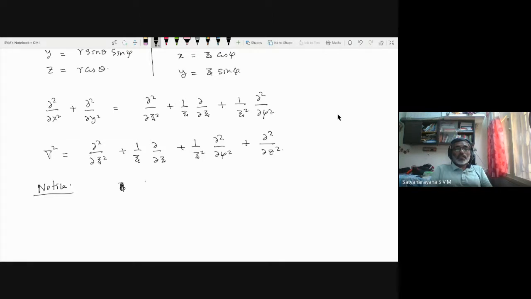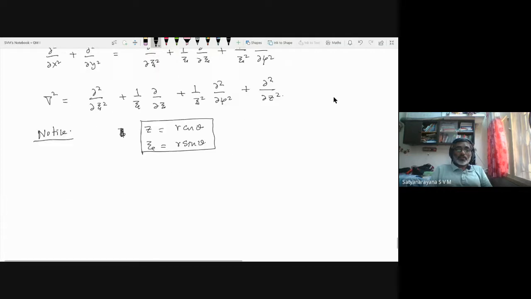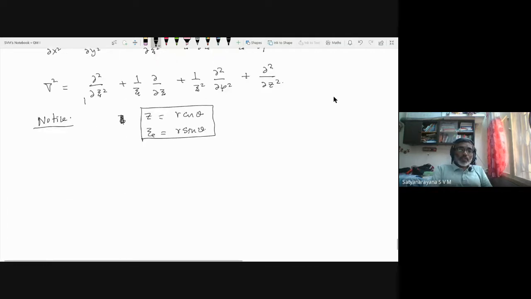Okay, you notice that z is equal to r cos theta and xi is equal to r sin theta. So in terms of z and xi, this is again like plane polar coordinates, no? So that means this dou by dou x square plus dou by dou z square, you can write it again using the plane polar coordinates result that we have written.